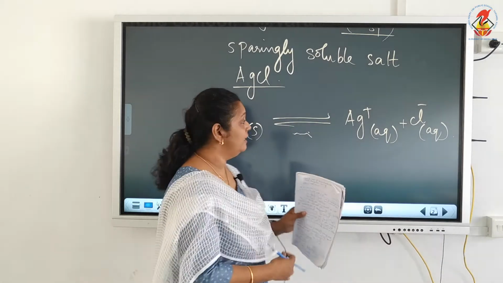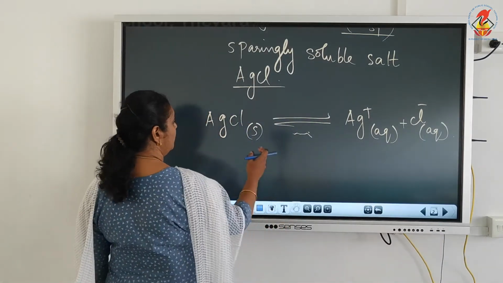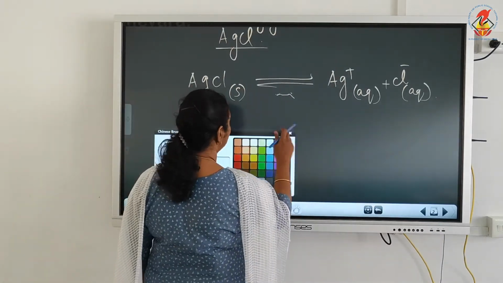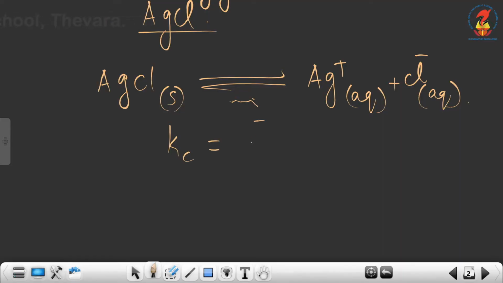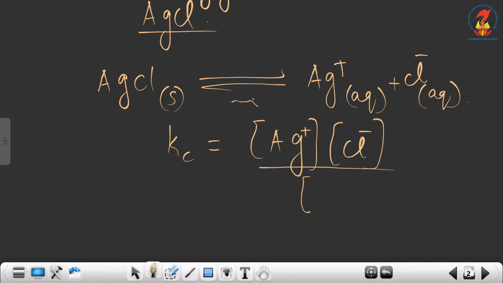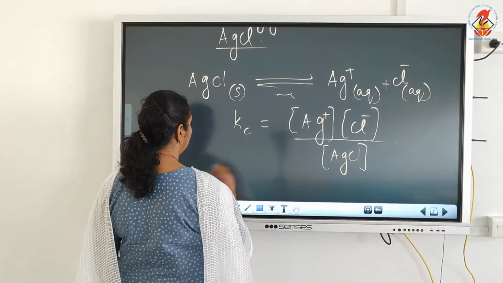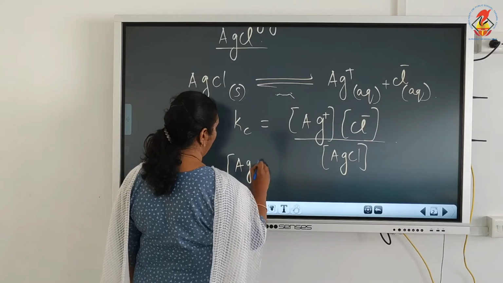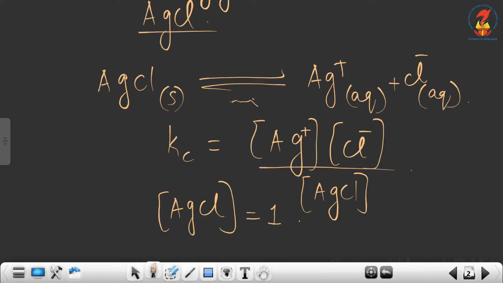Now, when we write the expression for the equilibrium constant, we can write Kc is equal to molar concentration of Ag plus into molar concentration of Cl minus divided by molar concentration of AgCl, and we know the concentration of silver chloride is equal to 1 as this is a solid.